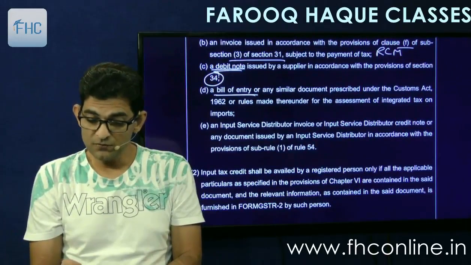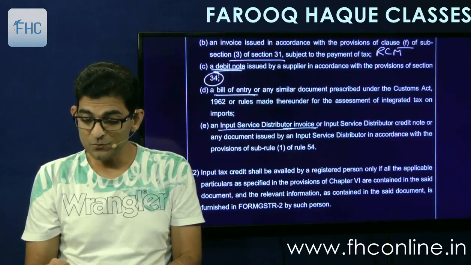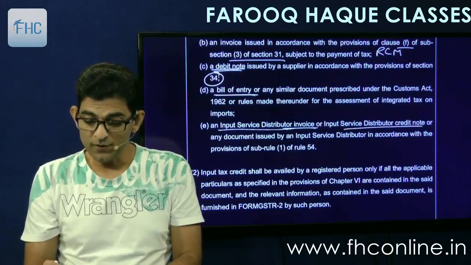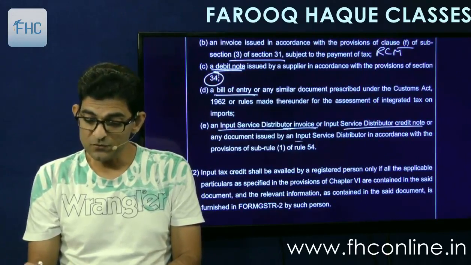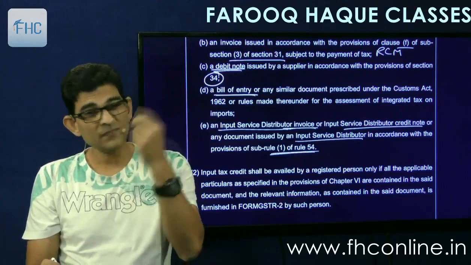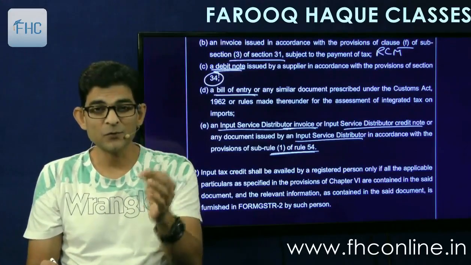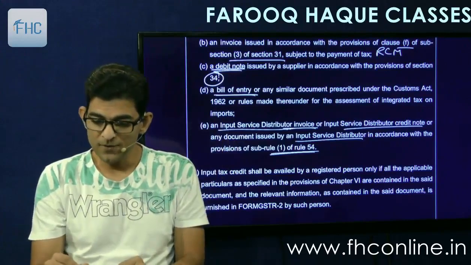And input service distributor invoice or input service distributor credit note or any document issued by an input service distributor in accordance with the provisions of sub rule 1 of 54. Now this we are going to study later on, but let me explain in brief right now so that you can understand this point.